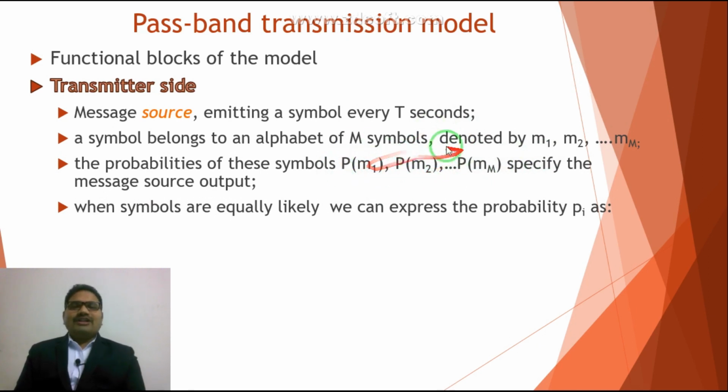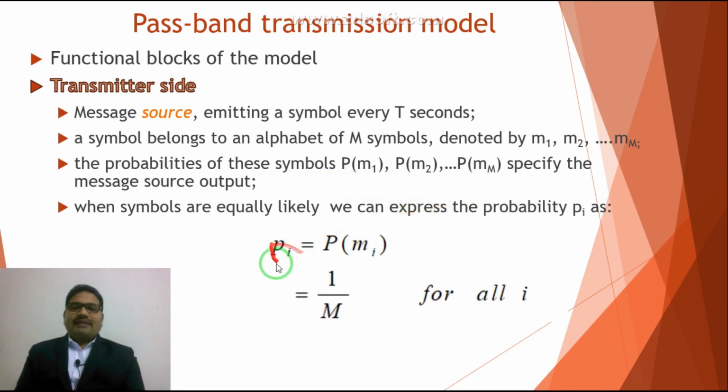If all the symbols are equiprobable, that is, equally likely to occur, then P(mi) is equal to 1 upon M for every symbol.